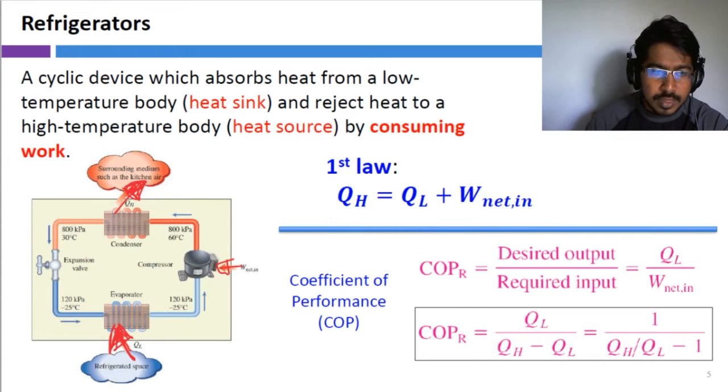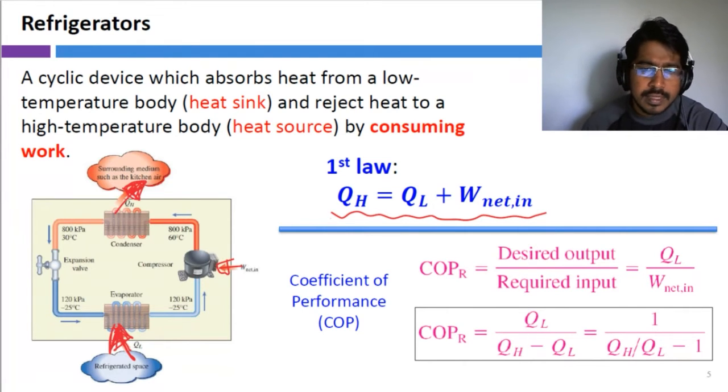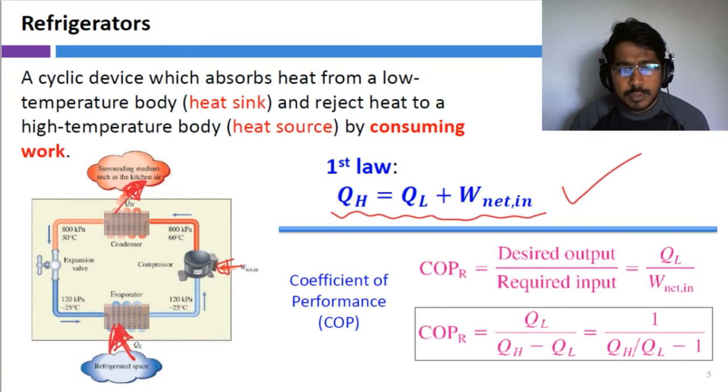Now if we apply the first law similar to heat engines, we can say that net heat is equal to net work. So QH minus QL equals W net in, or QH equals QL plus W net in. Are we all clear about the first law expression that we use here?